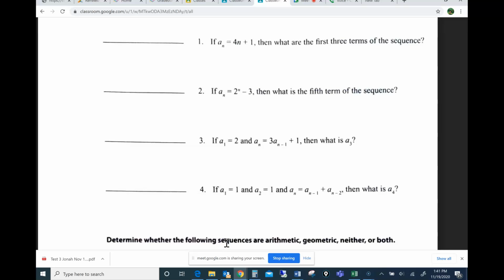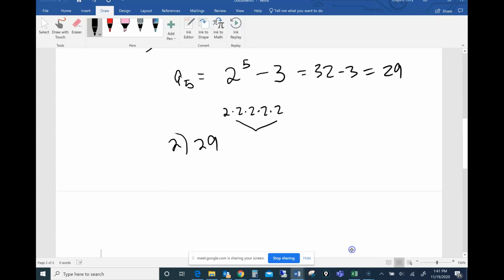The first term is 2, and then the recursive formula is 3 times a sub n minus 1, plus 1. What's the third term? What's a3? Okay, so let me write this down.